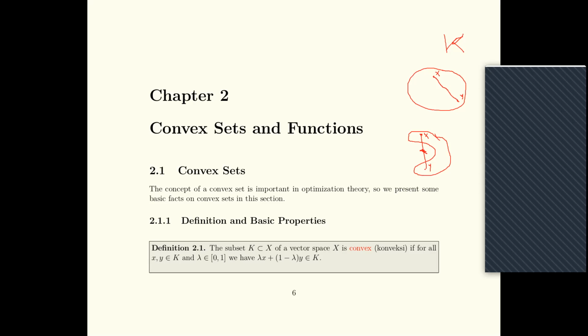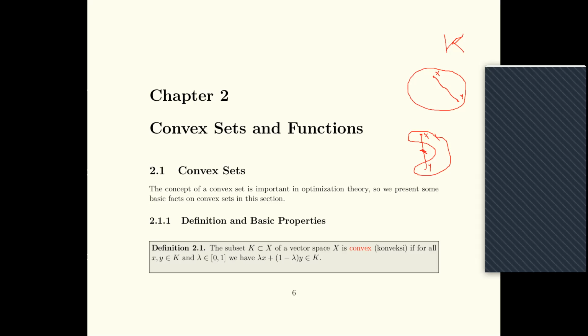So convexity means that the edge of the set doesn't have these indentations or curve inwards anywhere. A simple example of a convex set might be a circle or a cube or a rectangle. Those are all convex because if you take two points from that set and draw a line between those two points, then all the adjoining points are still inside that set. So that's the basic idea of convexity.